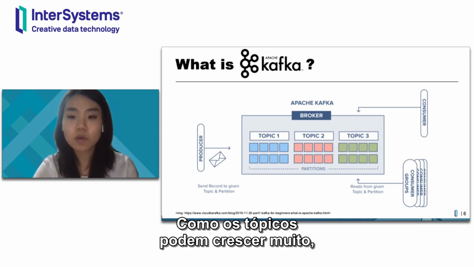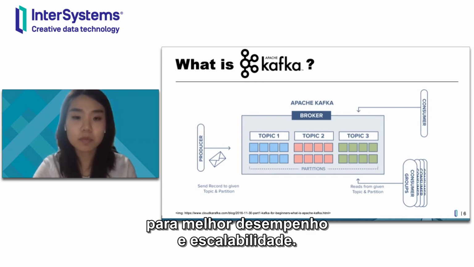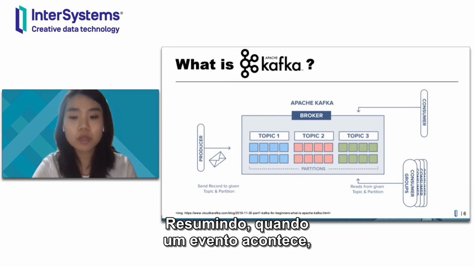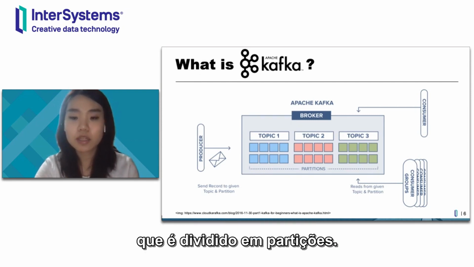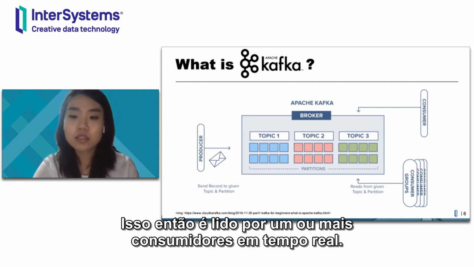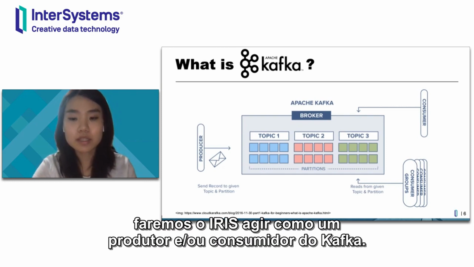As topics can get quite big, they get split into partitions of a smaller size for better performance and scalability. So to summarize, when an event happens, a producer sends a record to a given topic, which is then split into partitions. This is then read by either a single or multiple consumers in real time. To integrate this with Iris, we're going to have Iris act as a producer and a consumer of Kafka.